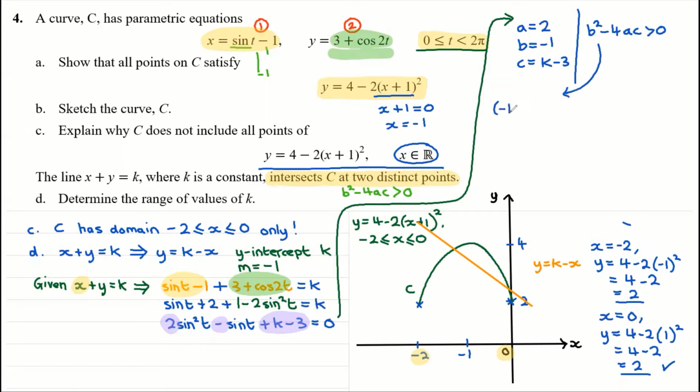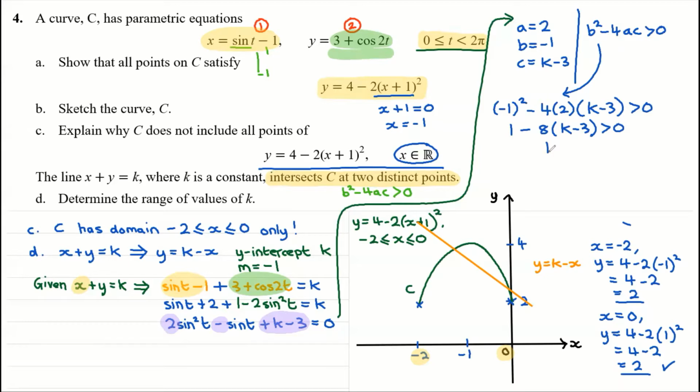So (-1) squared subtract 4 lots of 2 multiplied by (k subtract 3) is positive. Now 1 subtract 8 multiplied by (k subtract 3) is greater than 0. I'm going to move all that over to the other side.